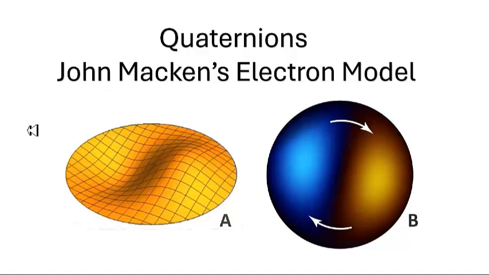This is the reason I've been flogging the dead horse of the quaternions in these videos: I want you to understand them the way I understand them, so that you would better understand John Mackin's electron model, and how I use quaternions to generate it.